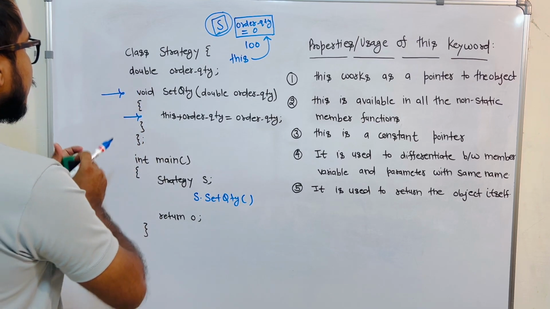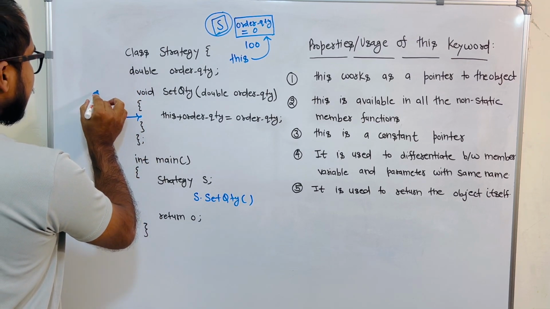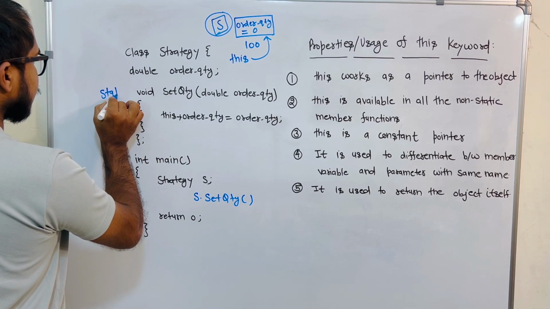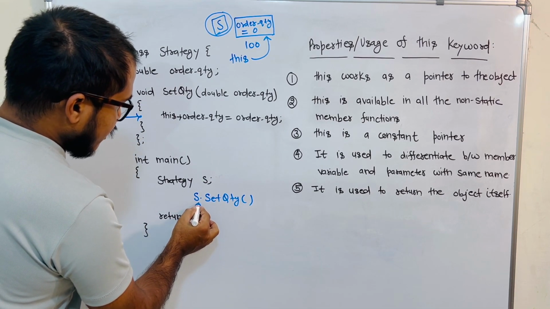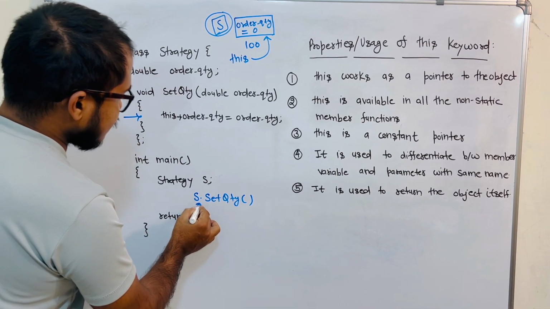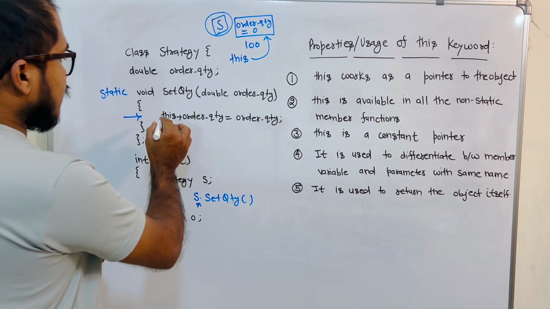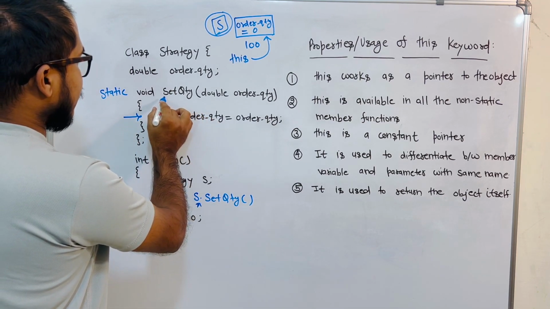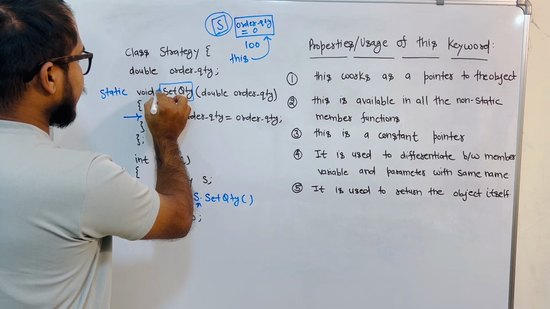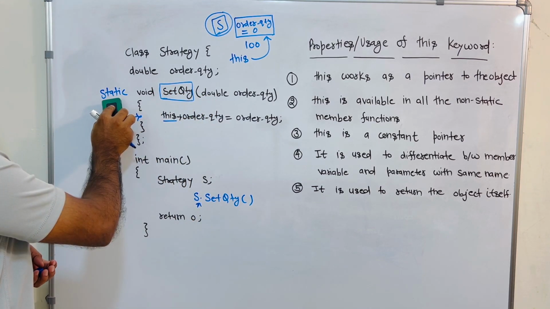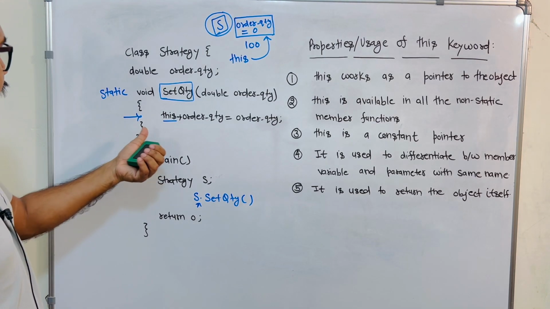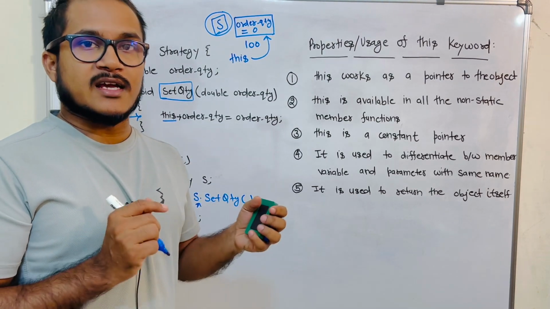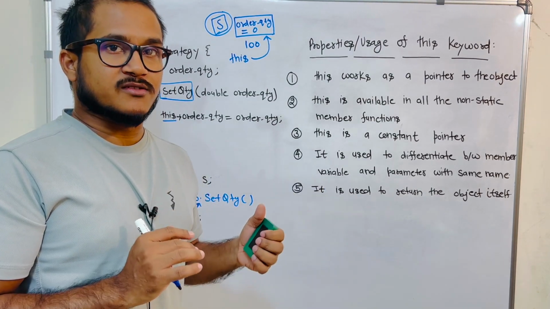But at the same time, if I try to make this a static function, and now if I try to call this particular function using object S, then I cannot access this inside this particular set quantity function. Why? Because now this is a static member function. So I cannot access this keyword inside the static member functions. Why?